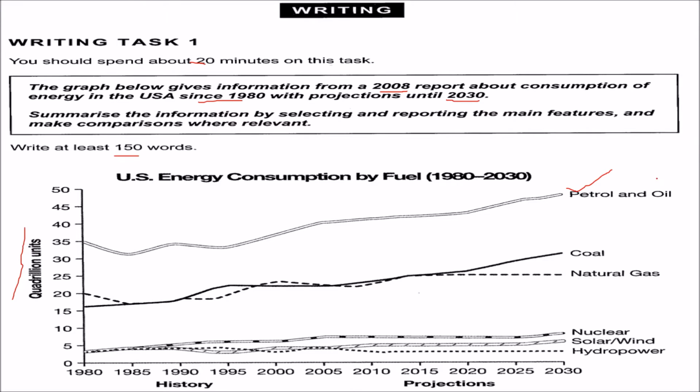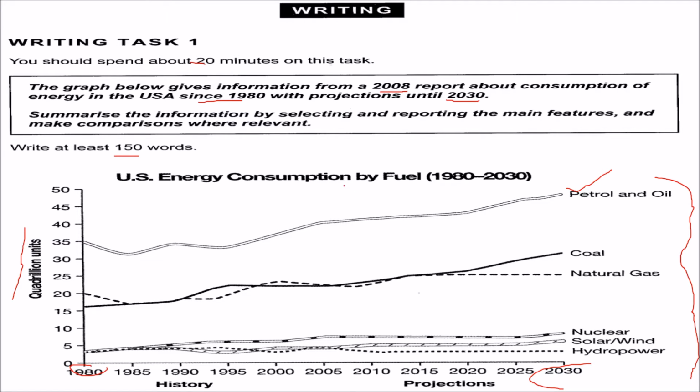These are various resources, renewable and non-renewable. So this is the information from a 2008 report, which covers 1980 to 2030, and this is of the USA, with projections to 2030.